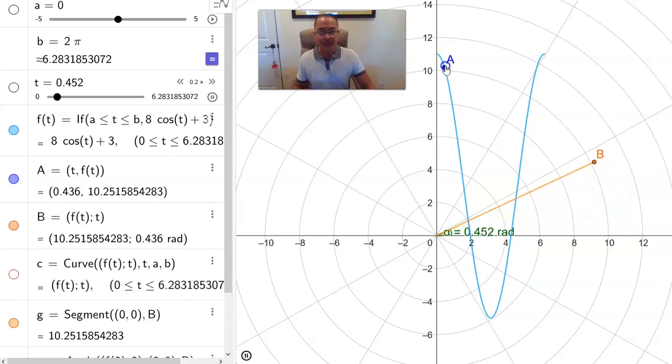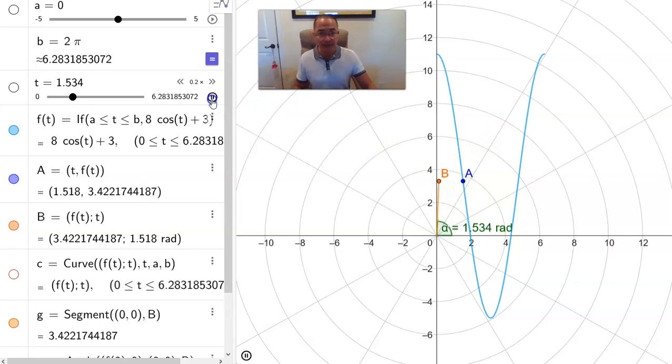Ooh. Notice that A is getting lower and lower, and R is getting shorter and shorter until it gets to 0. I'm going to pause it for a little bit. A is getting close to the x-axis, R is getting close to 0, so the point B is getting closer to the origin.